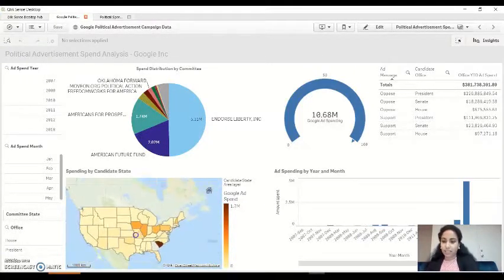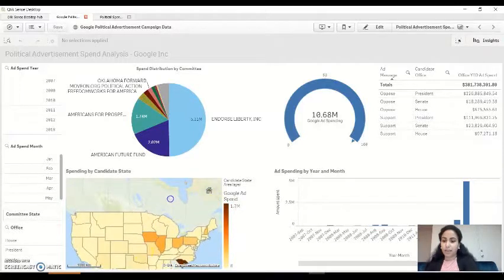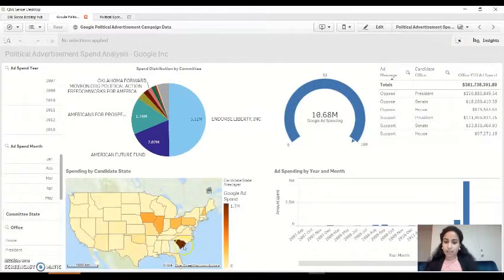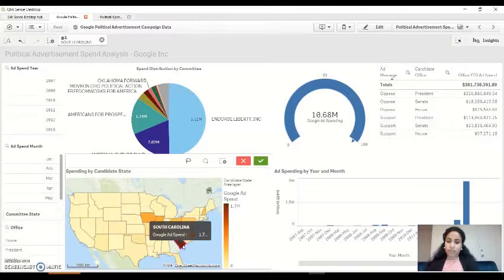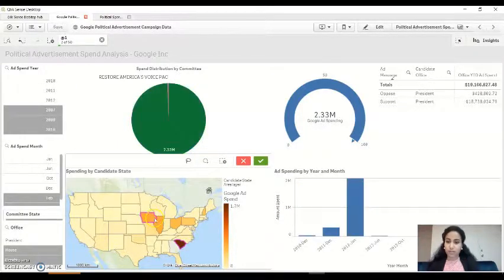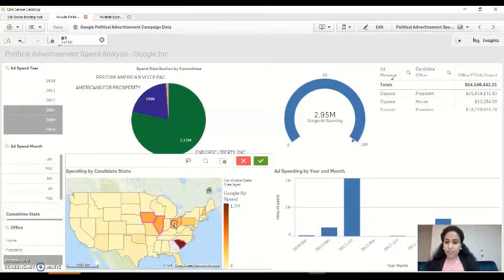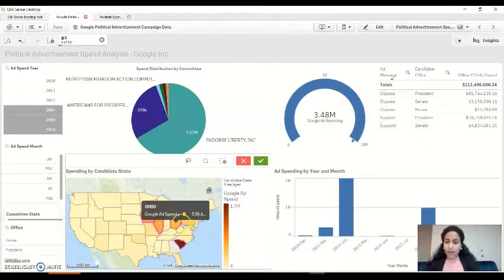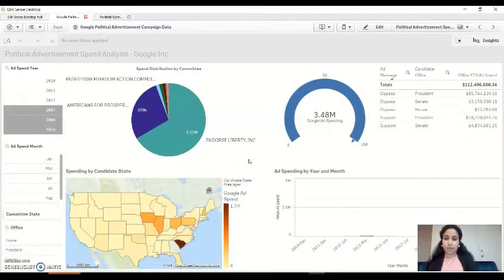On the bottom over here, we see spending by candidate state. South Carolina was the top spender in terms of where the candidate was that the ad campaign was placed for. And we see other states such as Illinois, and then Ohio, as some of the top states where the candidates were.